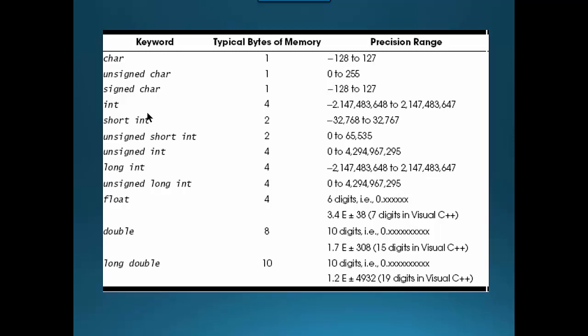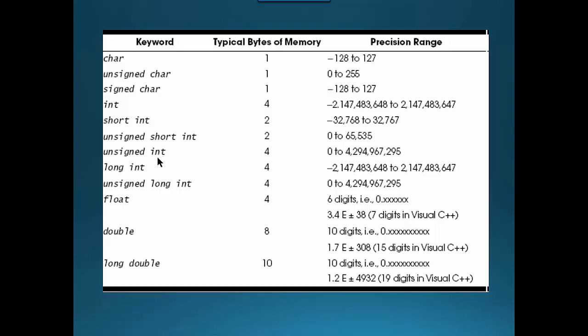For our ints, we can see that a regular int uses 4 bytes of memory. A short int uses 2 bytes of memory. And you can see that there's correspondingly less precision that you can store in a short int versus a regular int. An unsigned short int, notice it's from 0 to 65,000 versus minus 32,000 to positive 32,000.